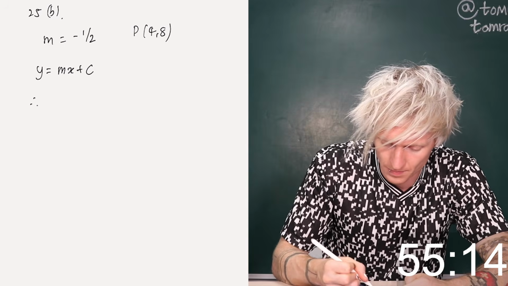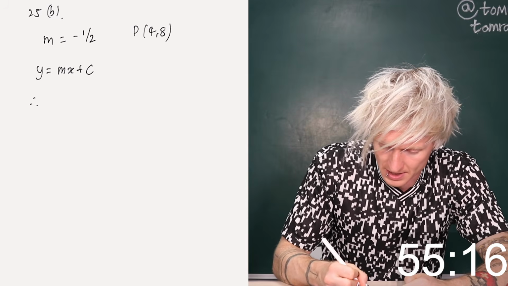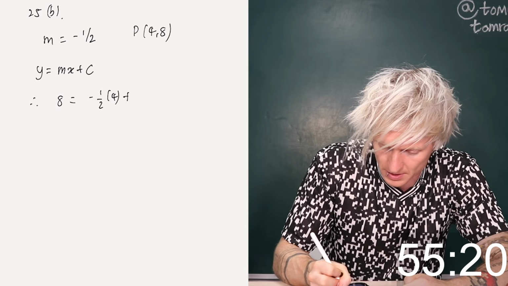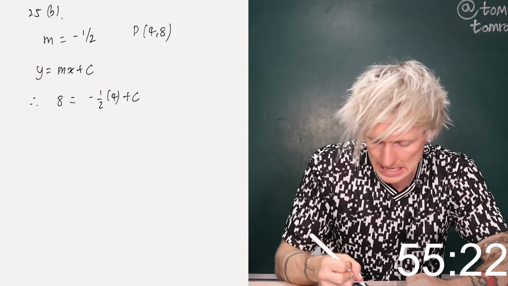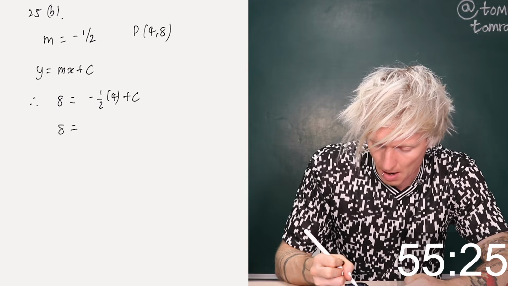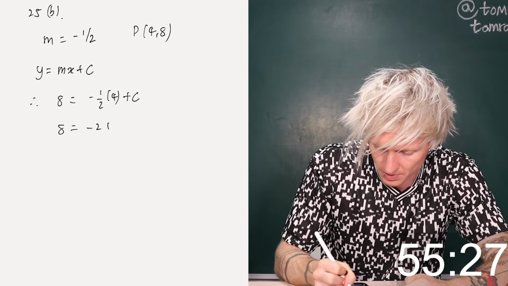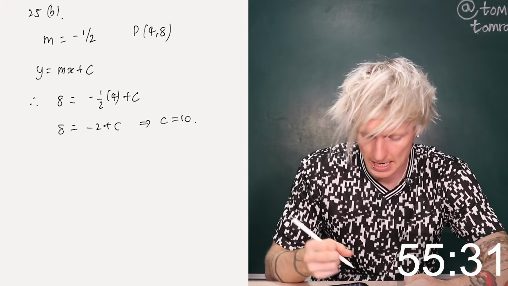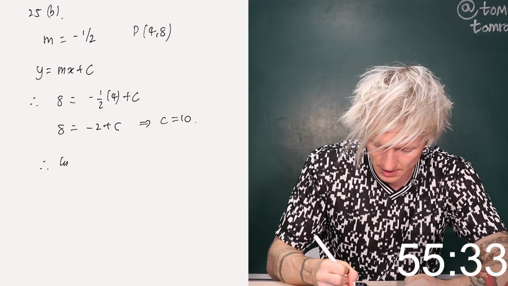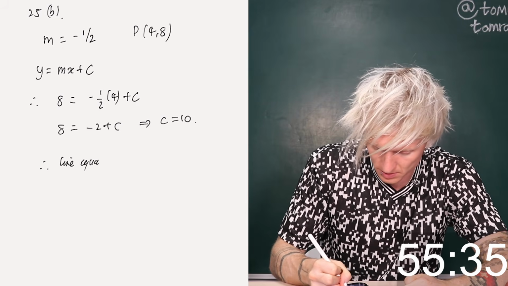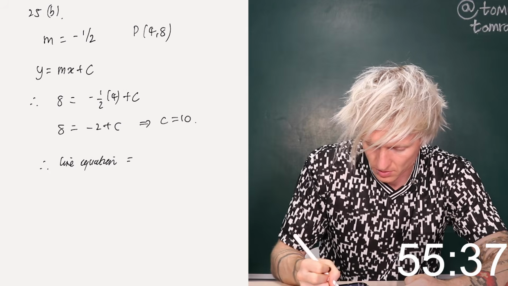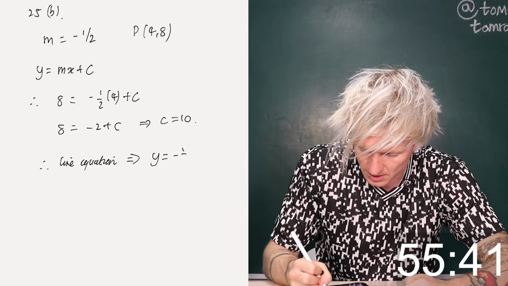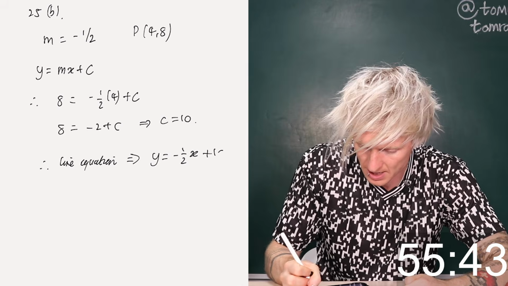So therefore y, which is 8, equals minus a half times 4 plus c. So 8 equals minus 2 plus c, so c is 10. Right, so the line equation is y equals minus half x plus 10.